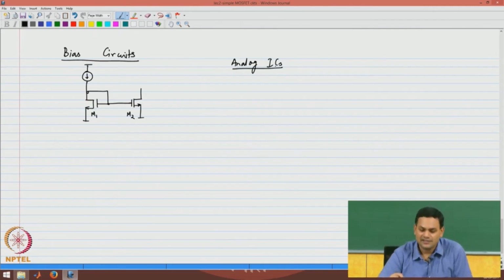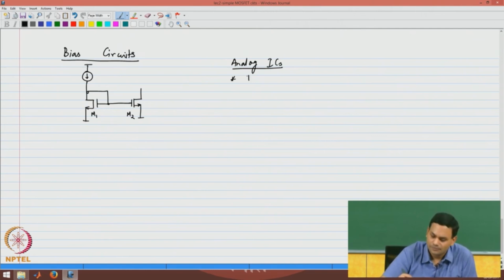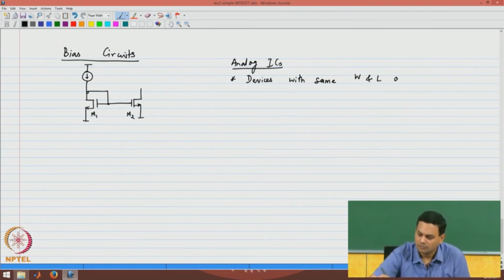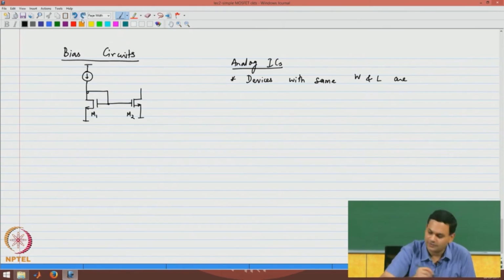In analog ICs, we will assume certain things. On the same IC, devices with the same width and length are nominally identical.